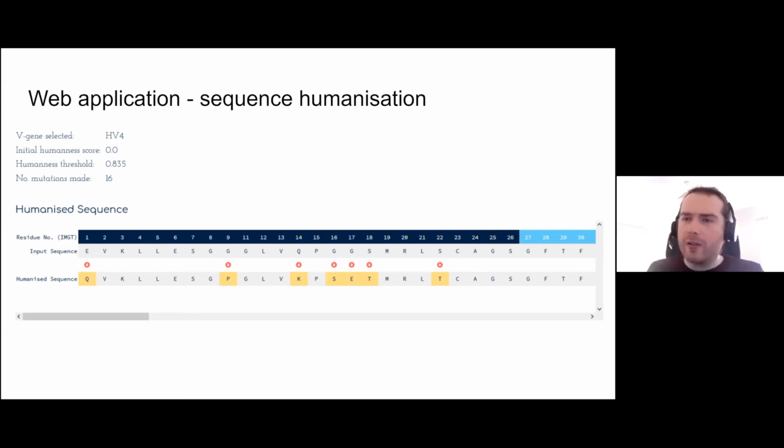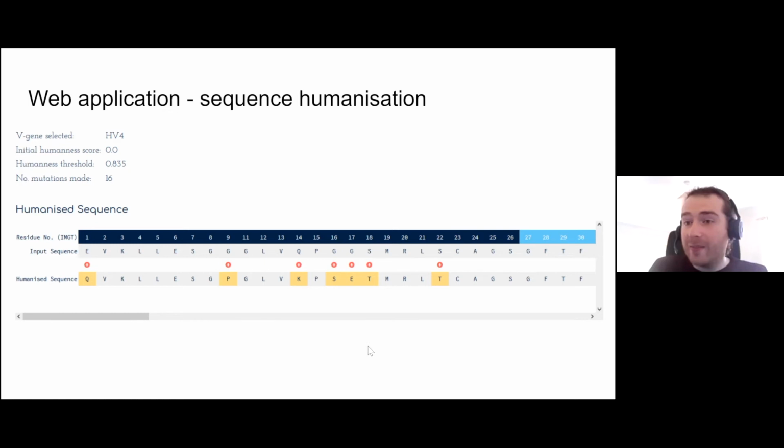If you recall, we're only mutating the framework region. The light blue corresponds to the CDR loops, which is where your binding properties come from. You'll see that no mutations have been made to the binding loops. But you can see in this case, quite a few mutations have been made just to this portion of the framework region.